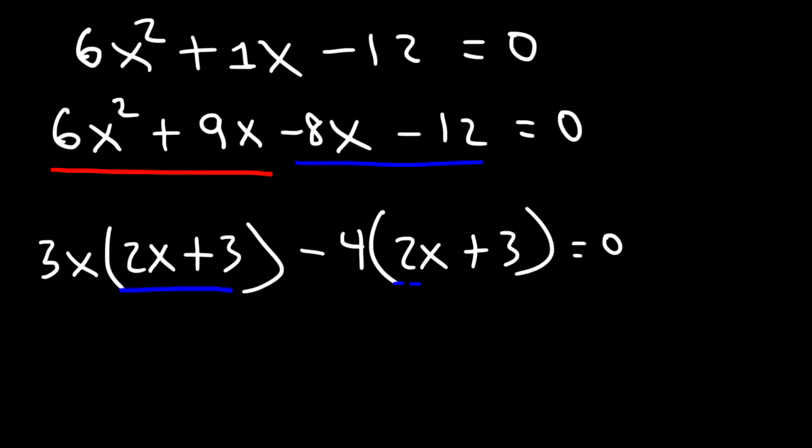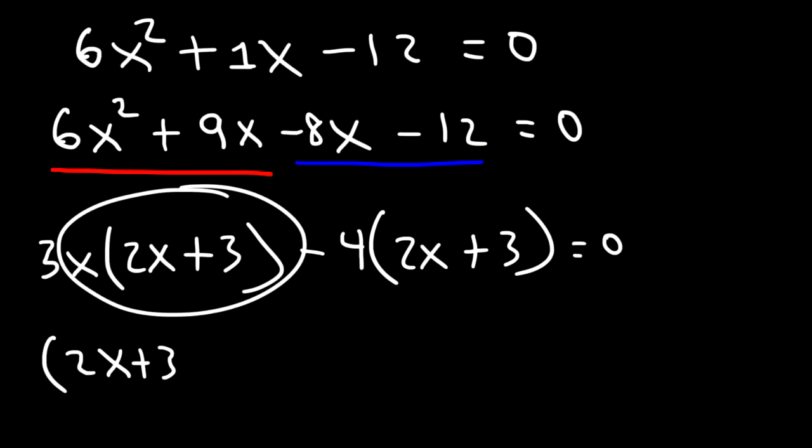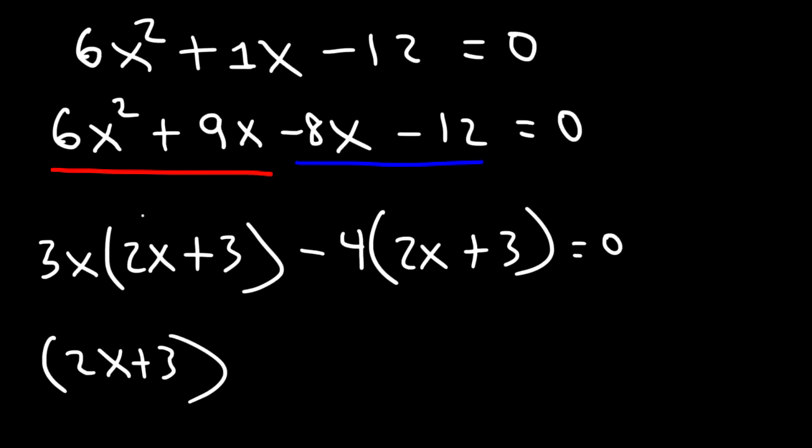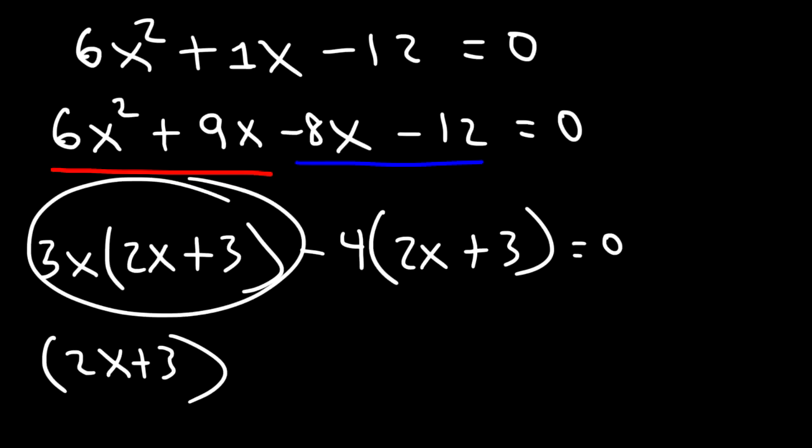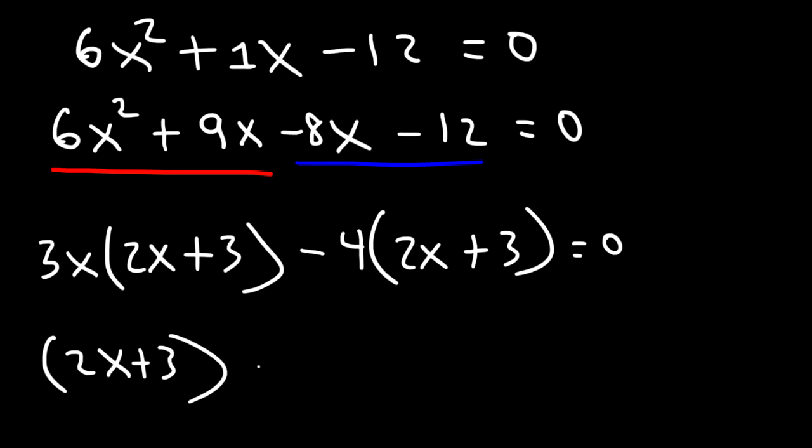Now, if you get 2 factors that are the same, that tells you you are on the right track. So what we're going to do now is we're going to factor the GCF of these 2 expressions, which is 2x plus 3. So if you take this entire expression divided by 2x plus 3, the 2x plus 3's will cancel and you'll get 3x.